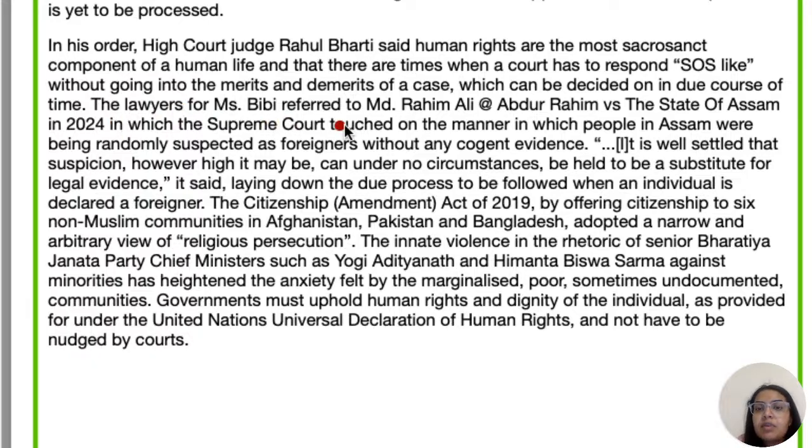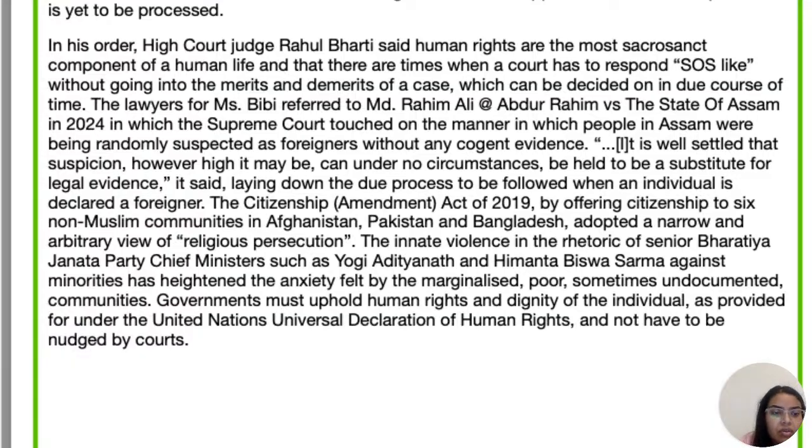The lawyers of Ms. Bibi referred to Muhammad Rahim Ali and Abdul Rahim versus State of Assam. ये जो court case का नाम है वो है, in which the Supreme Court touched on the manner in which people in Assam were being randomly suspected as foreigners. तो यहाँ पे Supreme Court ने एक बात को point out करा था that people जो Assam के हैं, many of them are randomly suspected as foreigners without any cogent evidence, without any solid proof.